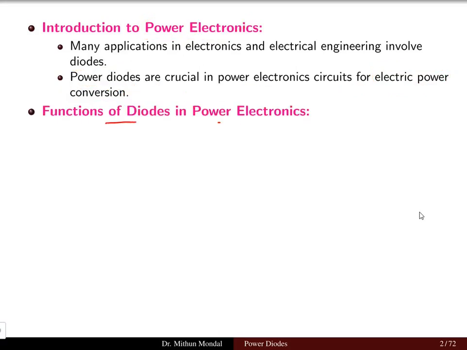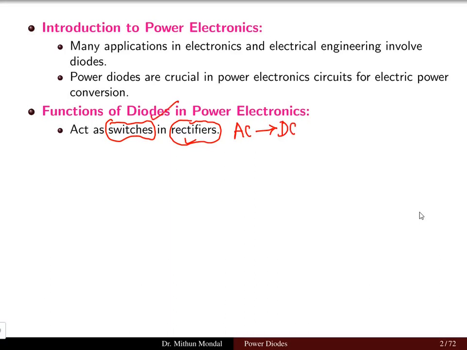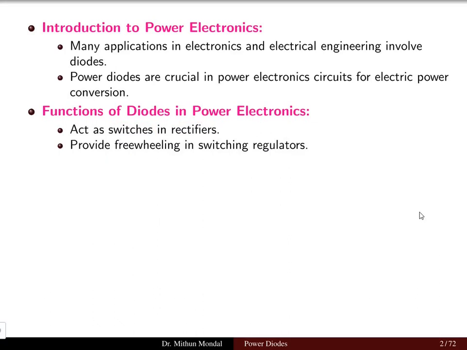Function of diodes in power electronics: they act as switches in rectifiers. Rectifiers are devices which convert the AC supply to DC supply, and these diodes act as a switch in those rectifiers. They also provide freewheeling in switching regulators.